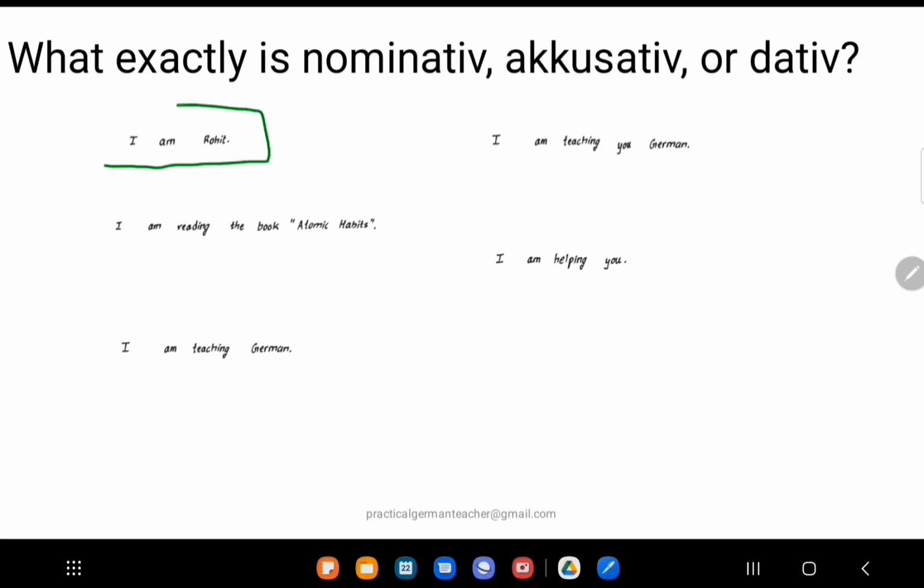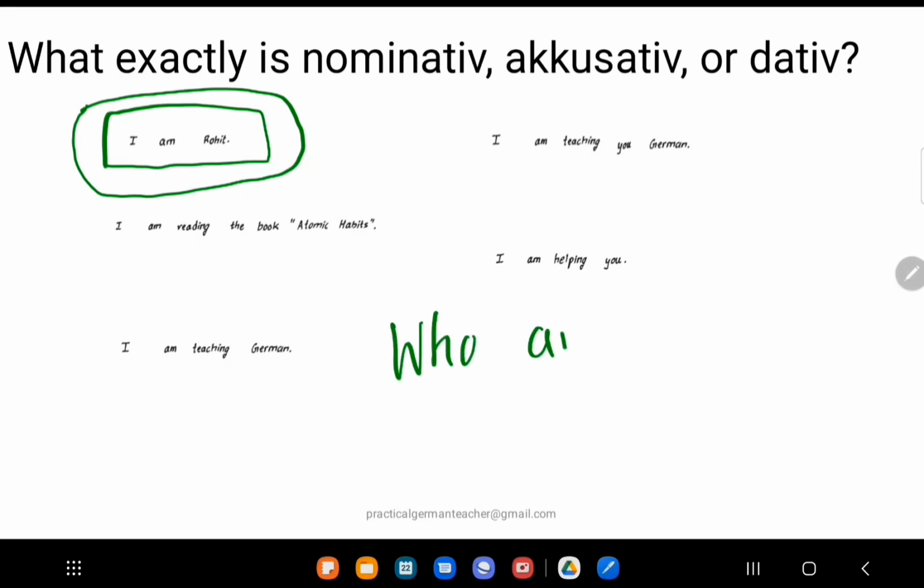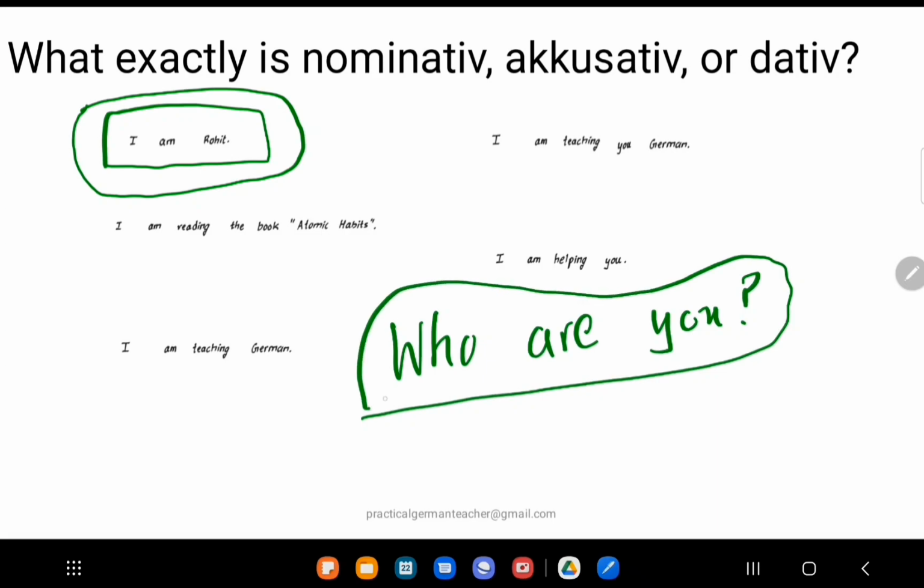I am Rohit. Now, if I have to figure out details from the sentence, okay, this is a statement, right? Then what could be the question which requires this statement? So if I say I am Rohit, the question can be, who are you, right? If someone asks me who are you, I will say I am Rohit.